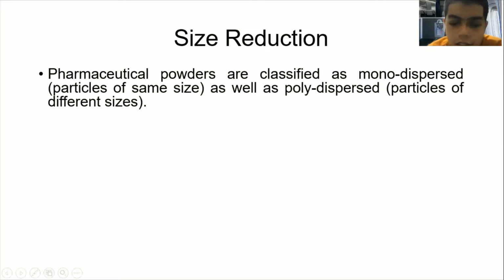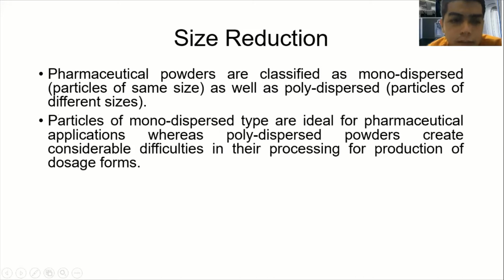So next, particles of monodispersed type are ideal for pharmaceutical applications, such as medicines or powders, whereas polydispersed powders create considerable difficulties in processing for production of dosage forms.